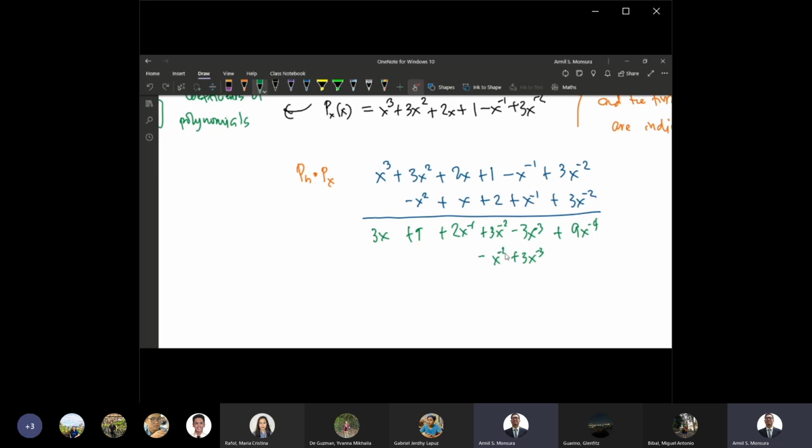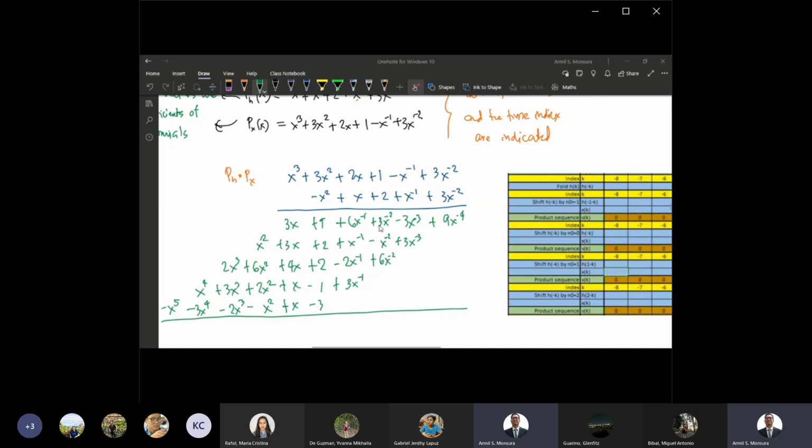Actually, that's the value of why you group them in one column, so that when you multiply, the products with the same exponent also end up together in one column. So you'll have plus x raised to negative 1, then plus 2, then plus 3x, and then x squared. Okay, let me just work on this offline so that this recording doesn't take too long. Okay, so I have finished multiplying it.